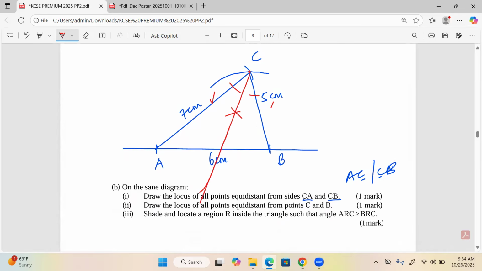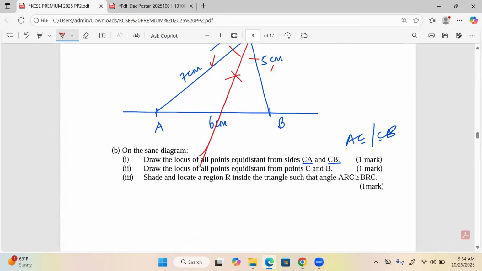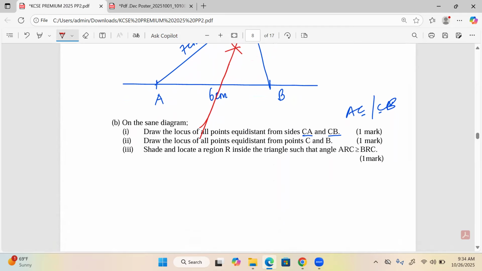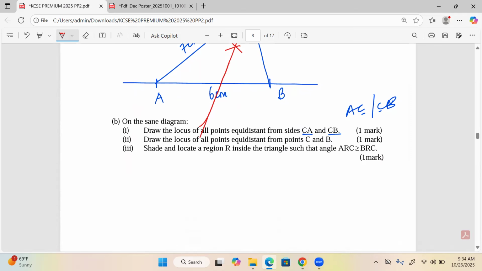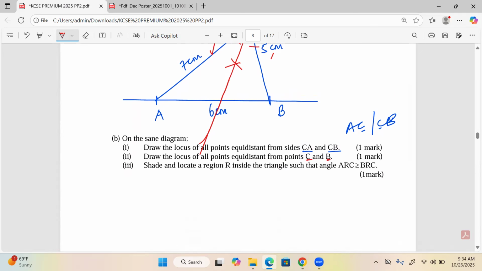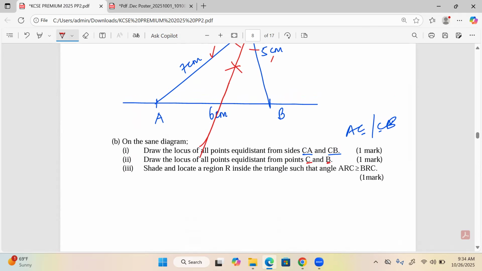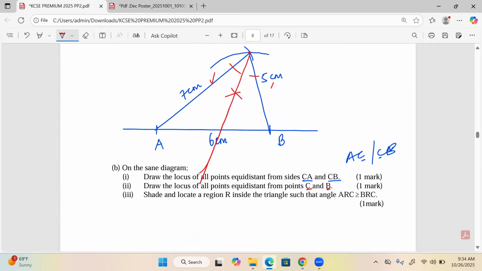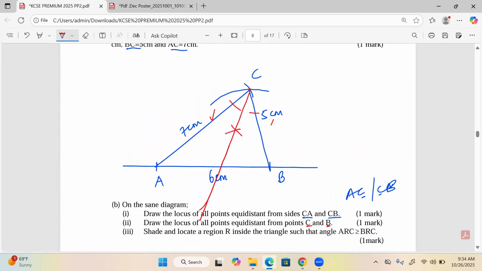That's an angle bisector. That's our first locus. Part 2. Draw the locus of all points equidistant from C and B. Now, locus of points equidistant from two given fixed points means that you bisect the line connecting the 2 points. The 2 points are B and C. So you perpendicularly bisect BC. So standing at B and C, you make arcs on both sides.